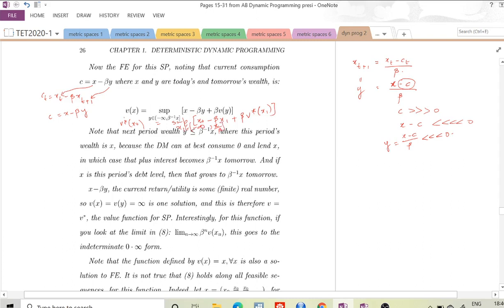Indeed, yes. I can plug in an infinity here. This is something finite. To that, I'm adding an infinity here. Infinity is equal to infinity.